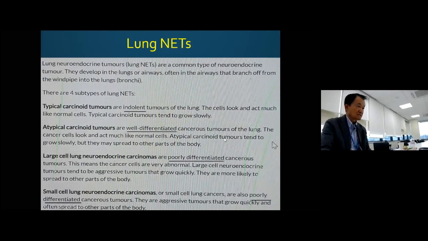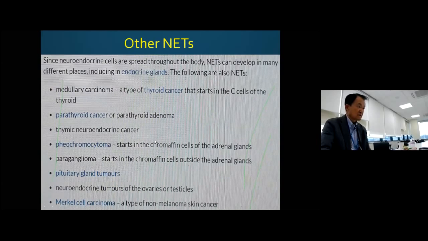It's all receptor: lung and all the others, parathyroid cancer, medullary, thymic, paraganglioma, pituitary. These are all small cell neuroendocrine tumors. Particularly pheochromocytoma, the adrenal medulla, has chromaffin granules.